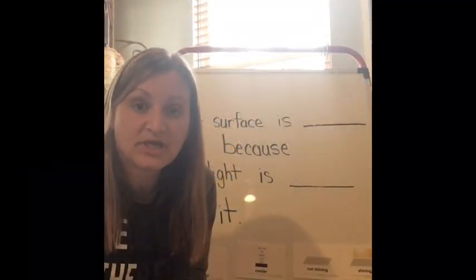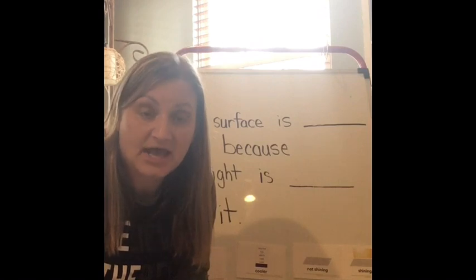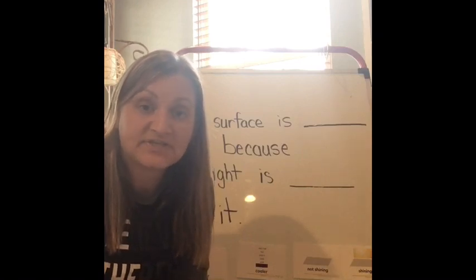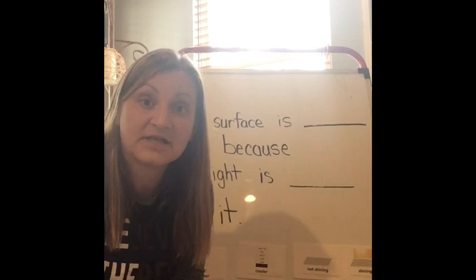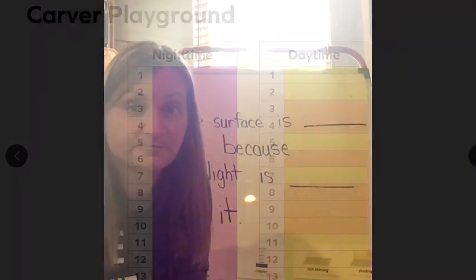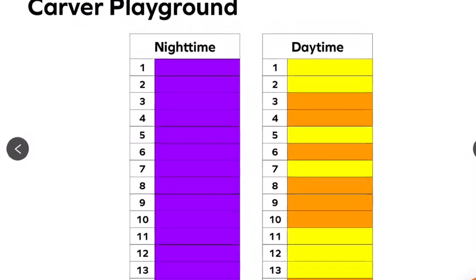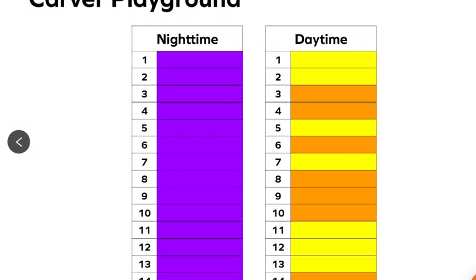So thinking about what we now know about talking like a scientist, let's look at the data for the playground that the principals have been collecting about the temperature. They've been collecting the temperature at night and they've been collecting the surface temperature during the day. So let's check that out. Here is Carver Playground's data, and we have a nighttime temperature where it's purple every single night.